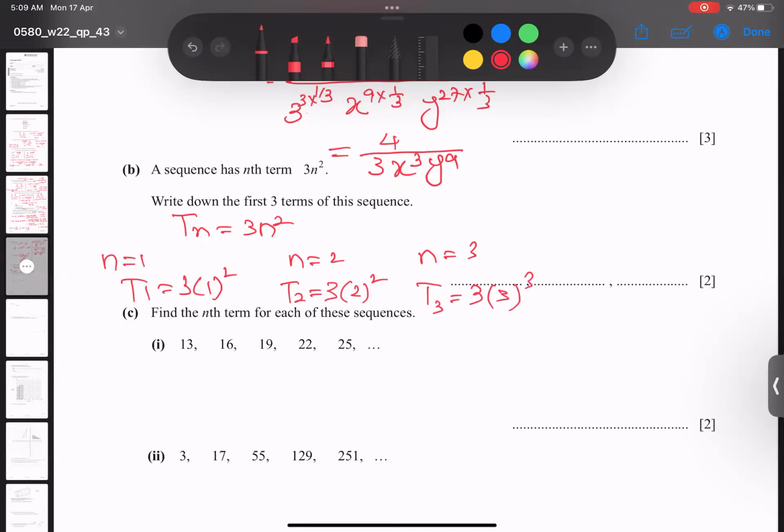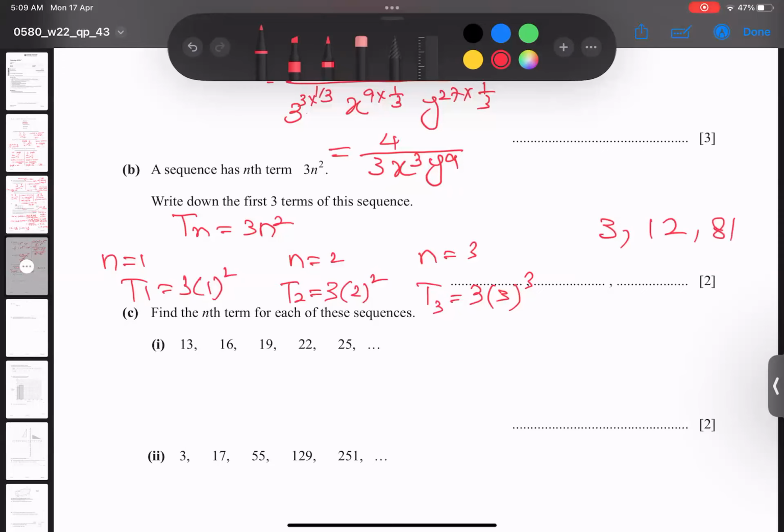So with this, the first term is 3, the second is 4, times 3 is 12. Wait a minute, let me check. 2 squared is 4, 4 times 3 is 12. Correct. This is becoming 27, and 27 is becoming 81, because 3 to the power 3 is times 3, so I get 81.